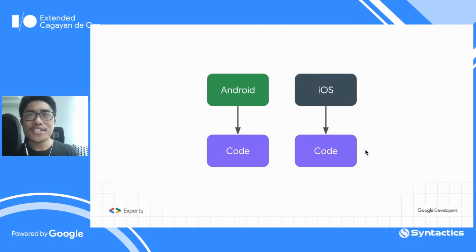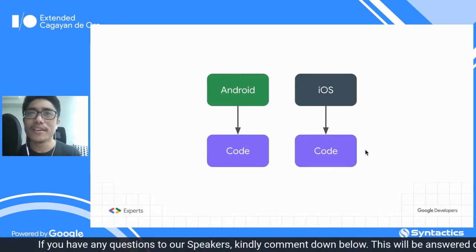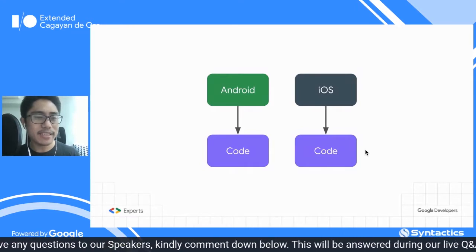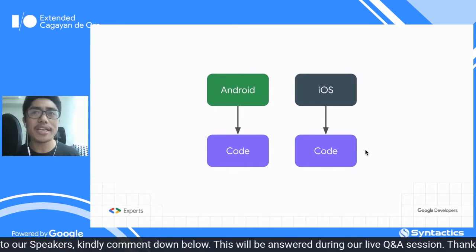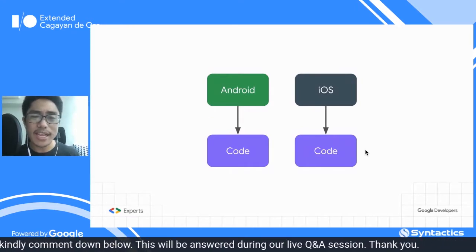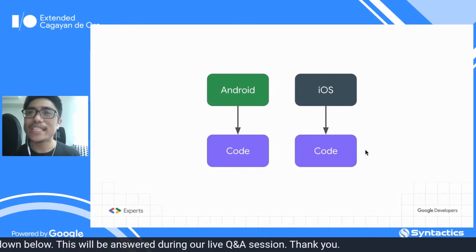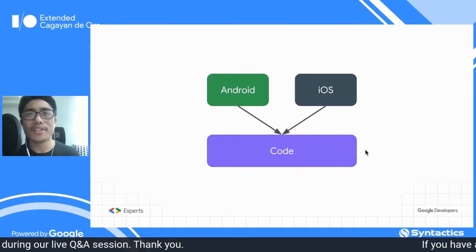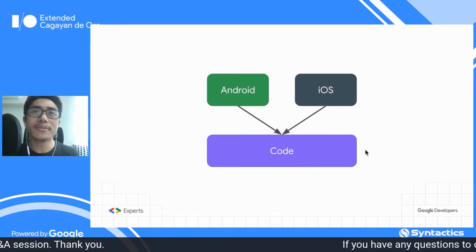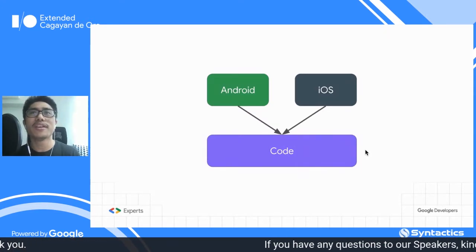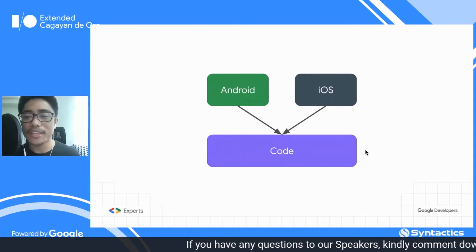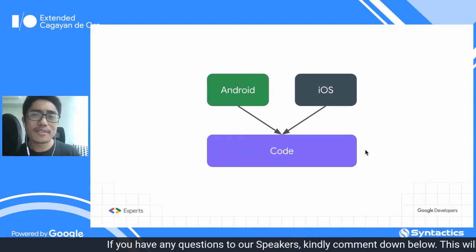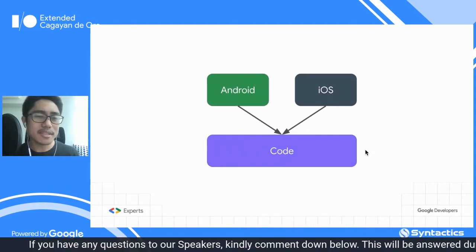Essentially, you're building the same thing on different platforms, with the same logic behind it. It's the same code building the same application, just in different platforms and different languages. Which is why a lot of people would just want to share that code, and have one big chunk of code for your Android and iOS apps. That's the premise of this talk.